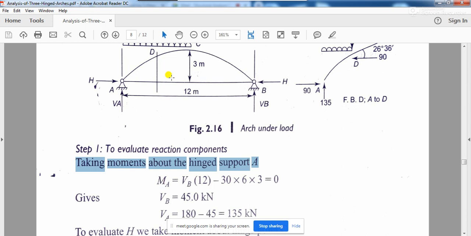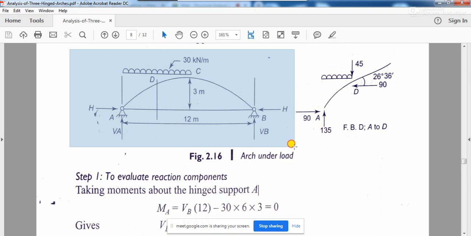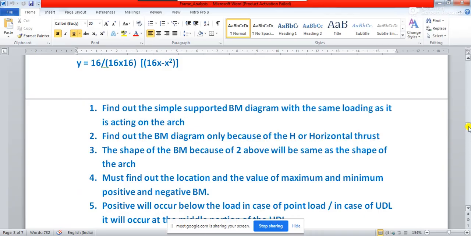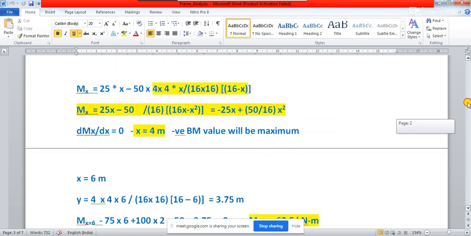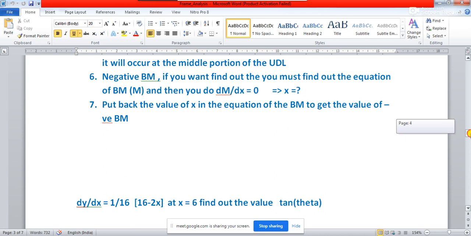So how much will be the moment about hinge support A? Let me take it out from here and paste it over here, here only.